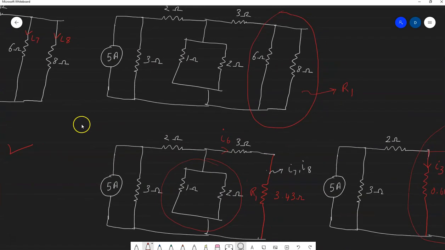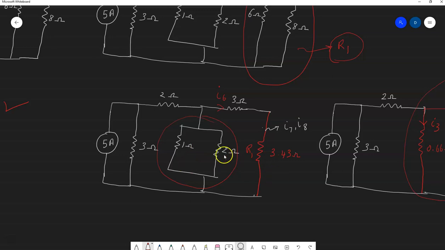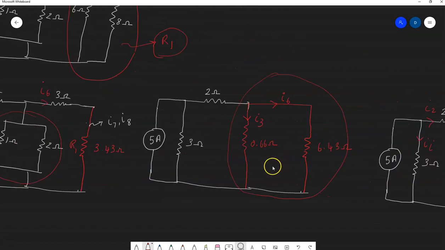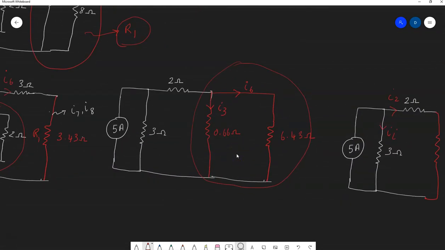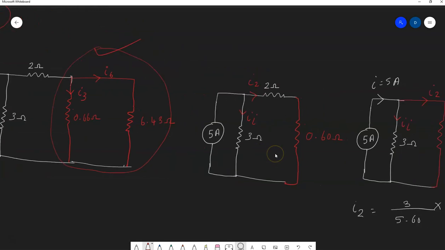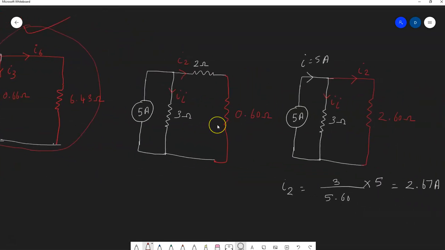So here I identified this as the first parallel circuit, and replaced that with equivalent resistance R1, which I have shown here, and identified the center one as a parallel circuit and replaced that with the equivalent resistance. Then when you did that, you'll end up having this as again a parallel circuit, and you replace that with the equivalent resistance. Then you have got the simple circuit here, to which you can now apply the current division algorithm.